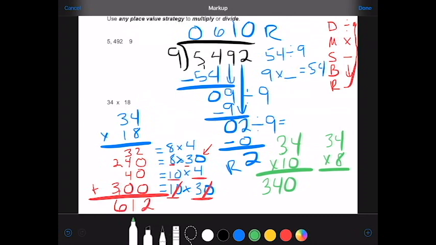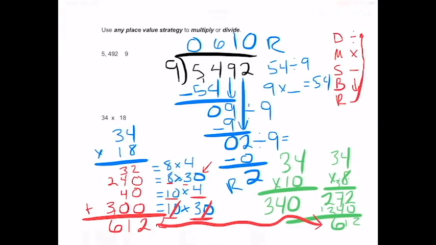And then 8 times 4 is still 32. 8 times 3 is still 24, 25, 26, 27. And then you have to add these 2 numbers up. And so 340 plus 272 is still 612. Check it out. Doesn't matter how you do it. So cool. Math is awesome.